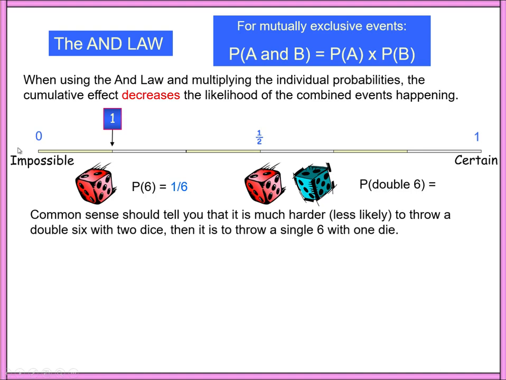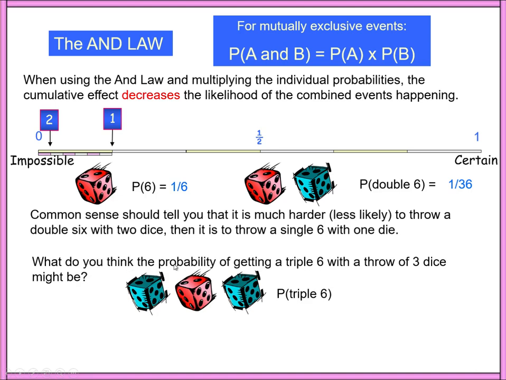So to throw a double 6 is 1 out of 6 times another 1 out of 6, which gives us 1 out of 36, which we saw earlier. Okay, so it's a smaller chance of getting 2 6s than it is of getting 1 6. 1 6 is there, 2 6s is there, so it's a very small chance.